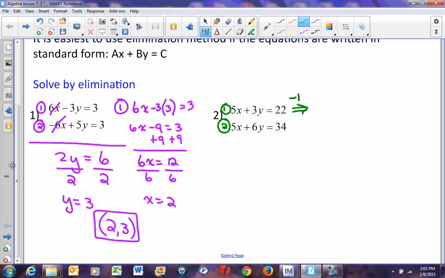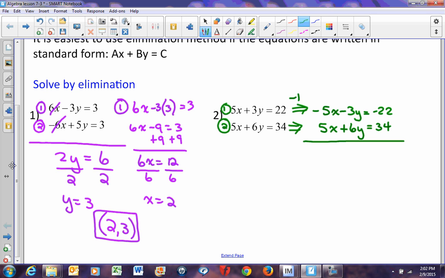So I'm going to multiply everything in equation 1 by negative 1. That will give me negative 5x minus 3y equals negative 22. Equation 2 I'm going to leave alone, so I don't write above my little arrow what I did, because I didn't do anything, so I have 5x plus 6y equals 34.